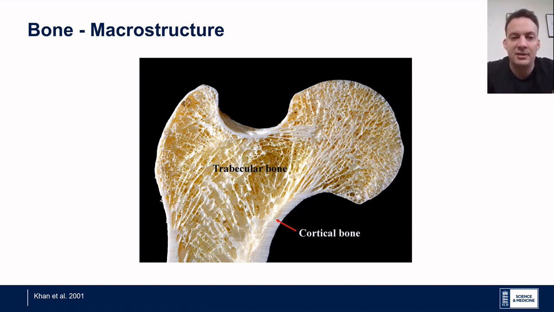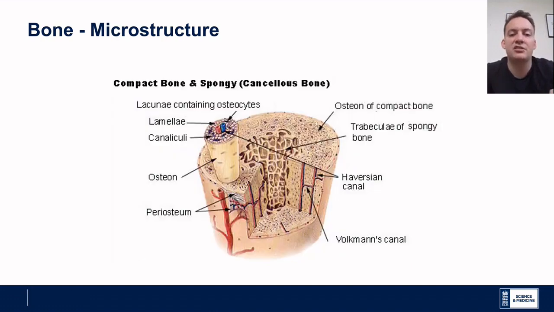If we zoom in further into the microstructure, what we find in the cortical bone is it's full of these cylindrical osteons, which contain bone cells and also the blood vessels themselves, which can deliver and take away minerals, which is really important in understanding how bone adapts to physical activity.